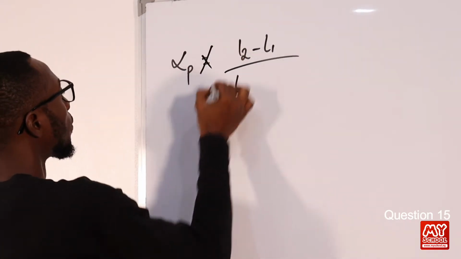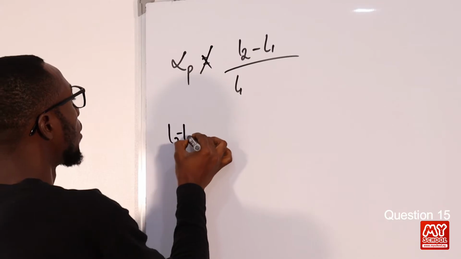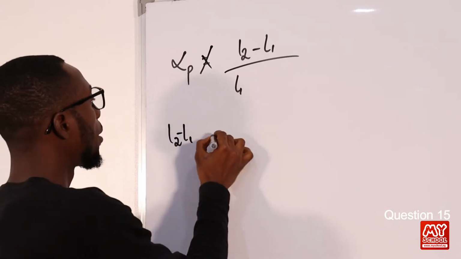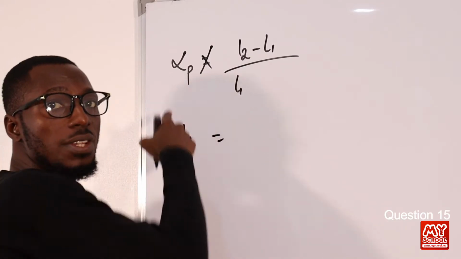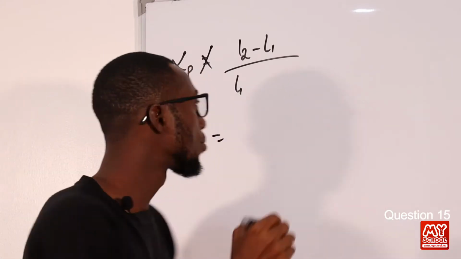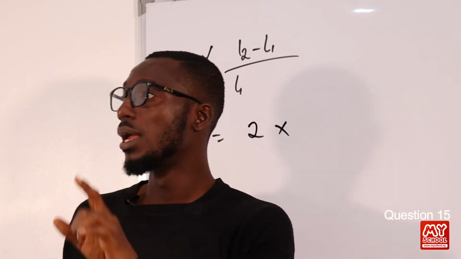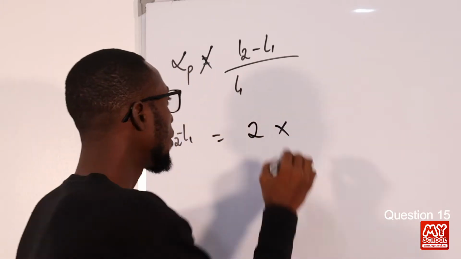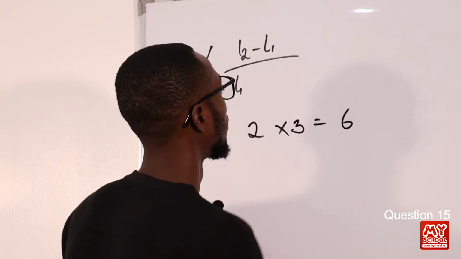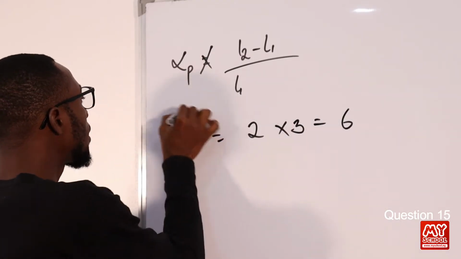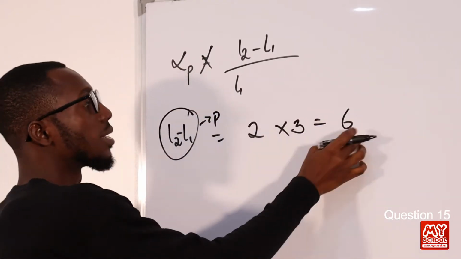That will be L2 minus L1 for P, which is the linear expansivity of P, 2, times the original length of metal P, 3. So we can see that the increase in length for P is 6.